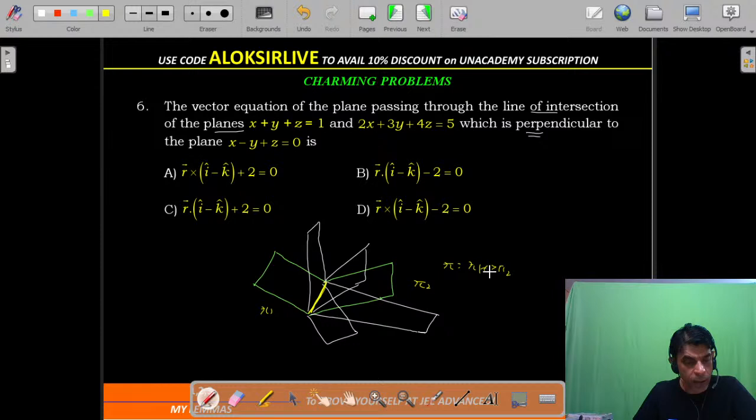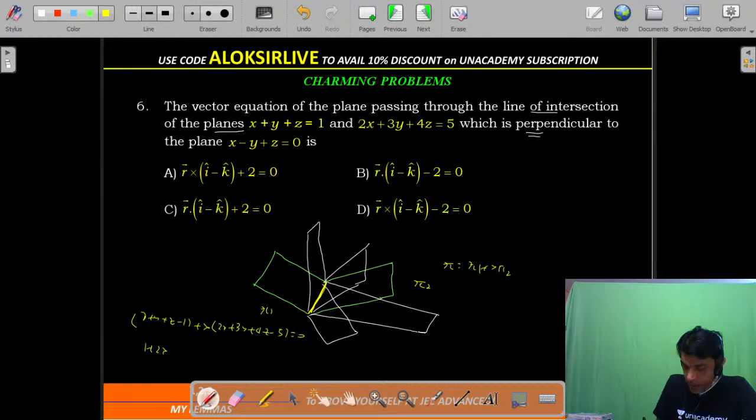And so I will get here, I am writing only coefficient of x, 1 plus 2 lambda x plus 1 plus 3 lambda y plus 1 plus 4 lambda z and minus 1 minus 5 lambda equal to 0. So this is the plane we are getting, P.